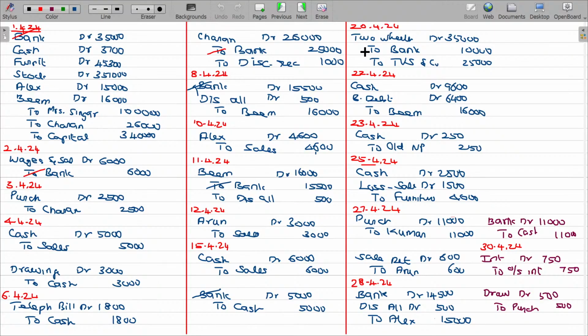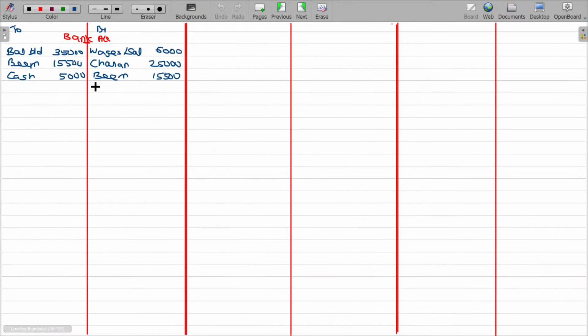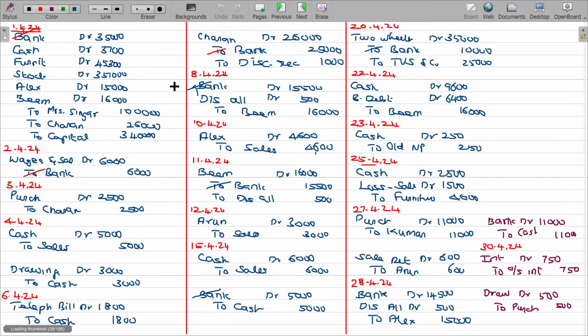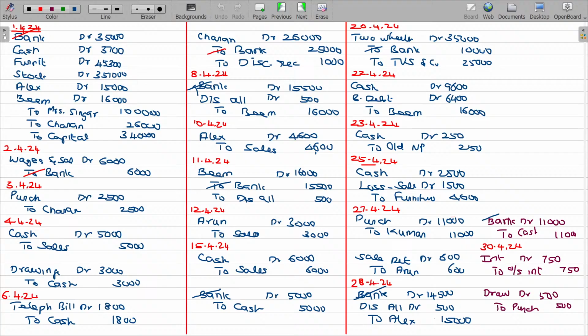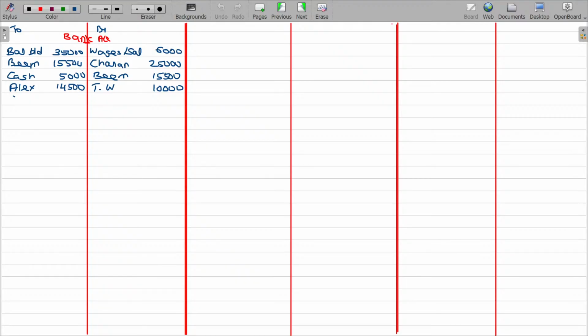Then by two-wheeler 10,000. Then to Alex 14,500. Finally, we have this one also, to cash 11,000 rupees. Come on, tally this and find out the balance.